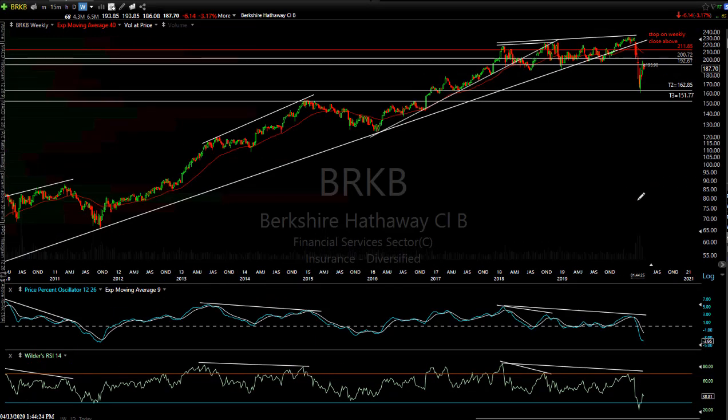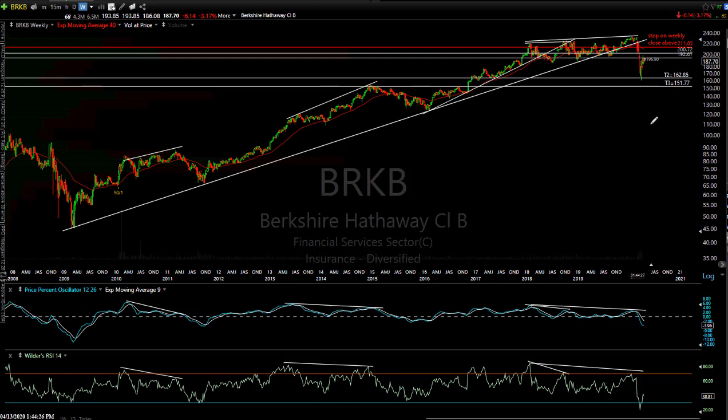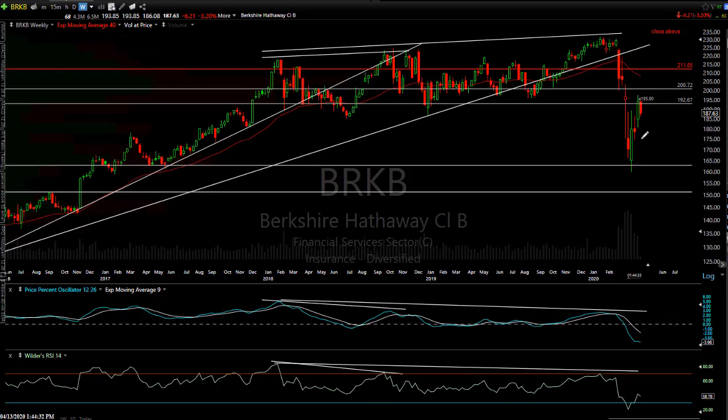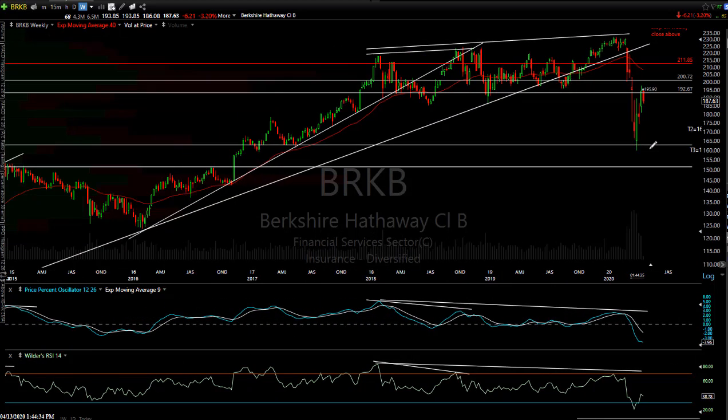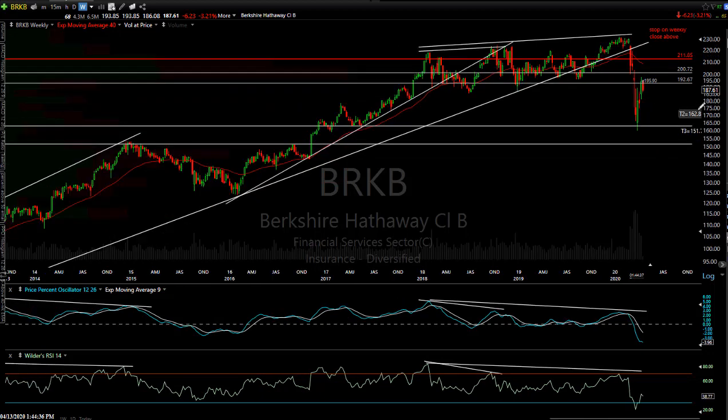Berkshire Hathaway. Again, unlikely that this one's going to hit the final target without the S&P 500 taking another leg down. So Berkshire, we entered that last week at 195.90. It's profitable today. It's down 3.2%, but again, nothing to write home about.